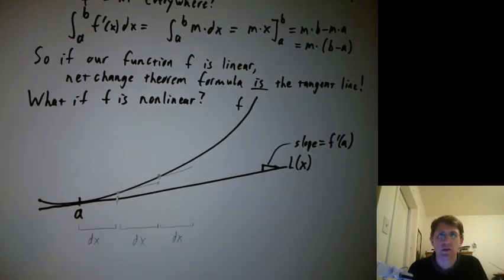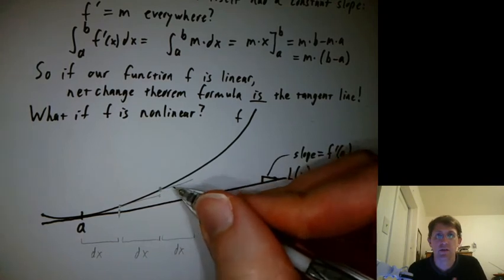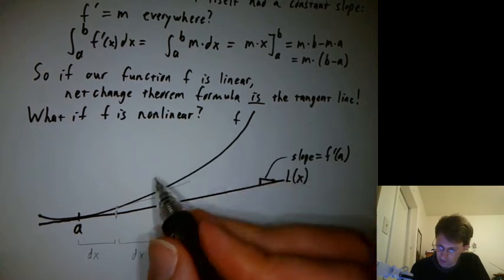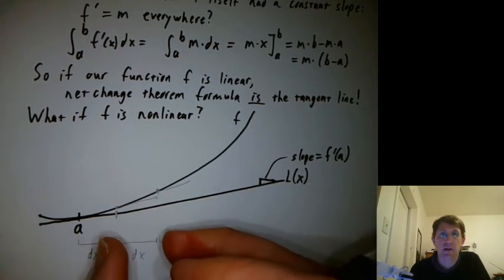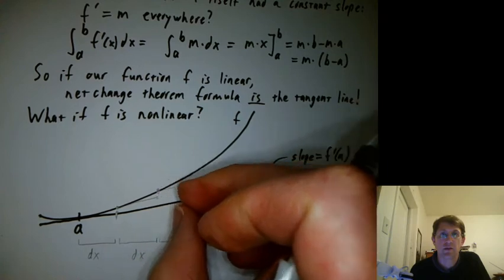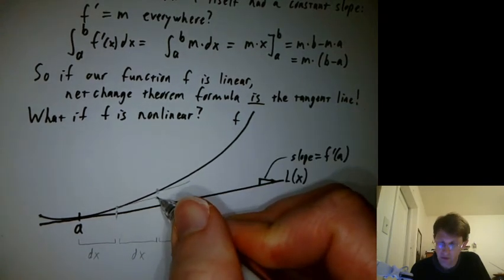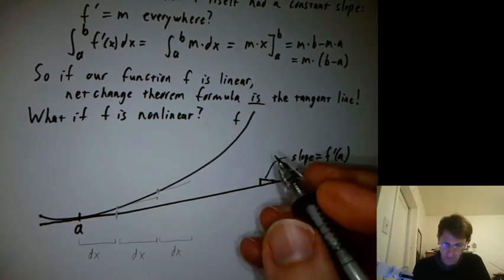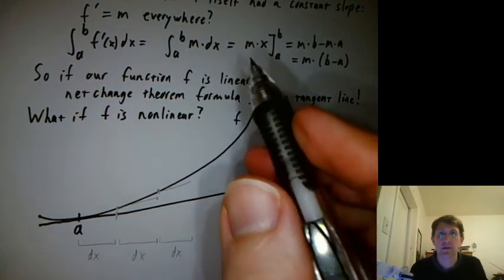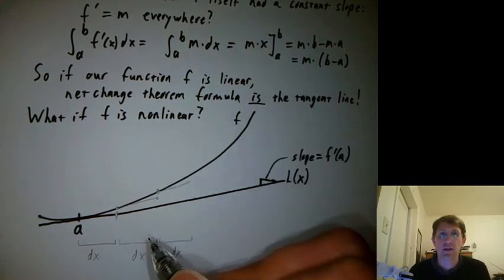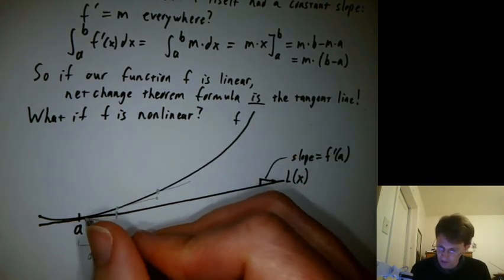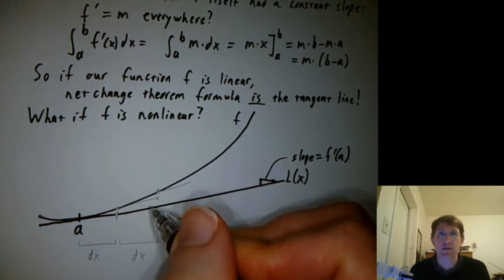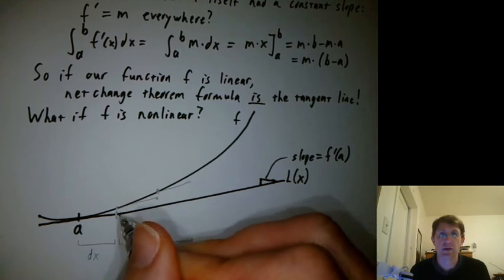You could argue whether you should go up to the curve each time and then project out the new slope, or just start from there. If we're actually adding up these distance times new slope, it seems like we should be starting from the old place, not moving up, because how would we know how far to move up? But what this net change formula is basically doing is saying current slope times dx plus another slightly updated slope times a new dx, same value dx as before, but another step over.